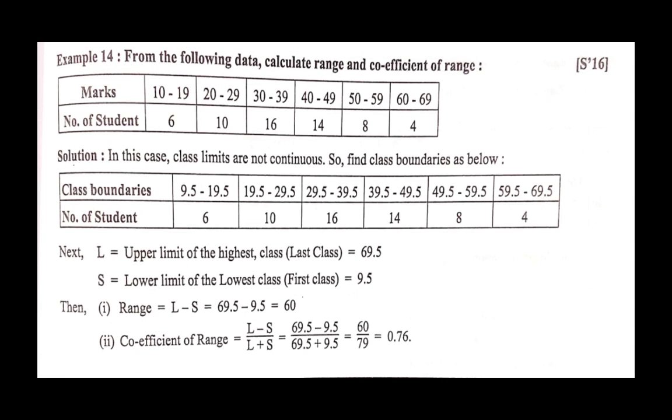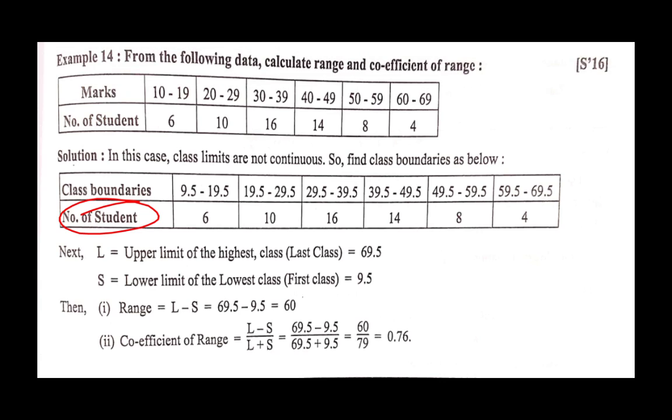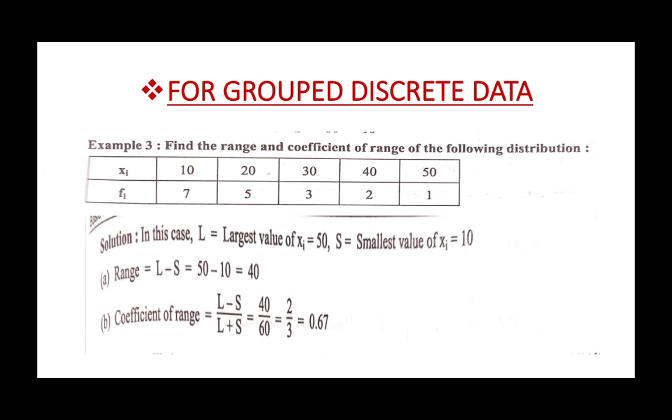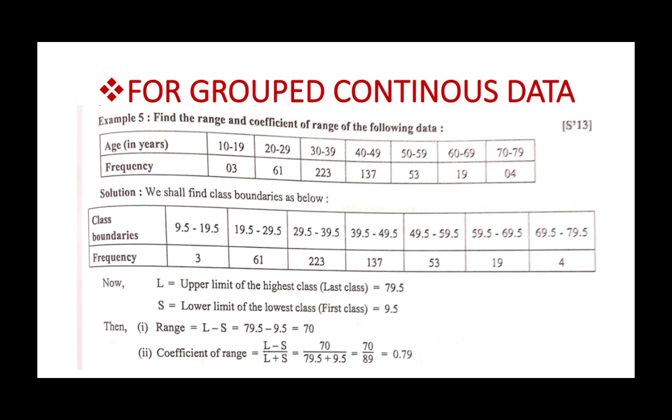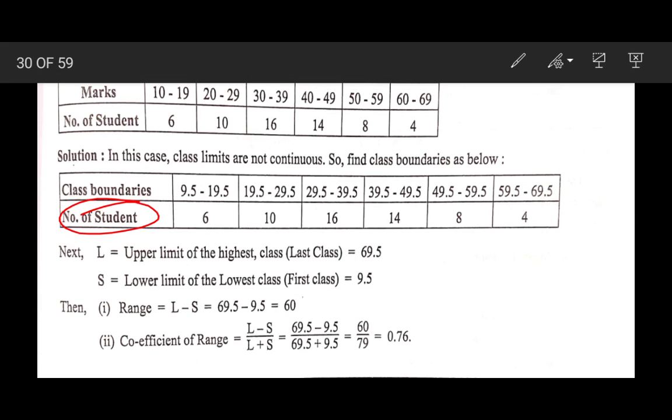Now, as I told you, in range there is no use of frequency. This value is useless. In the previous example we had up to 70 to 79, and here we have 60 to 69. Suppose there is one more value, 70 to 79 with frequency 8.